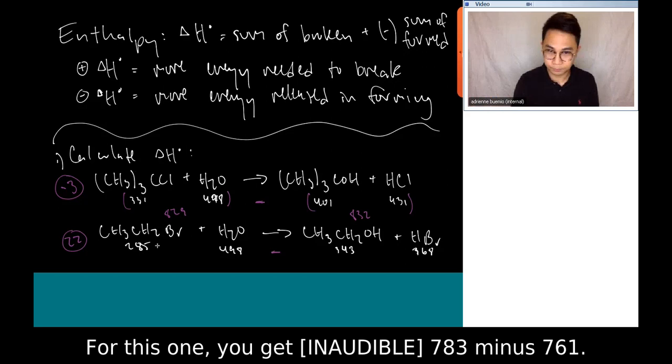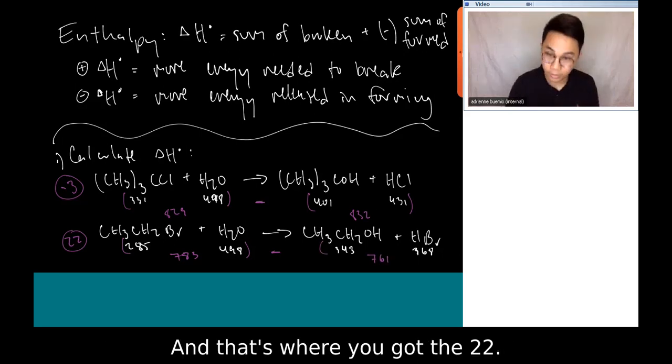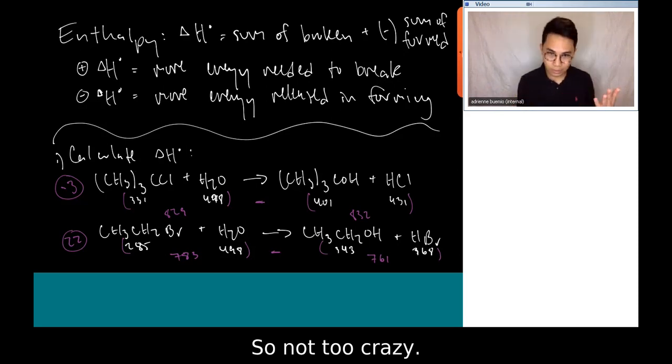For this one, you should have gone 783 minus 761, and that's where you got the 22. So not too crazy, you're just plugging and chugging.